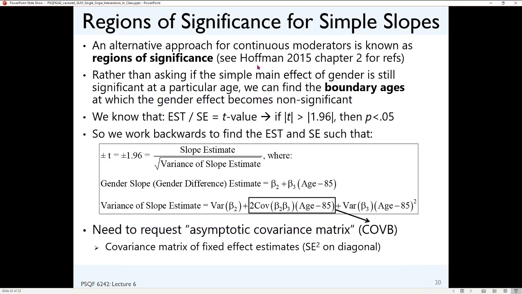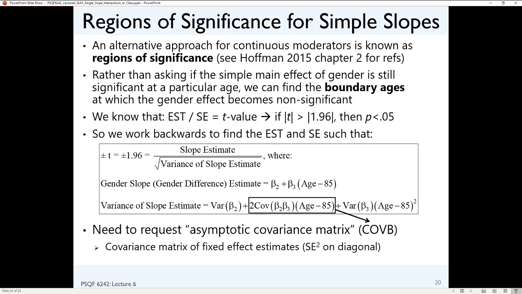This approach I describe, with references for its origination, in Chapter 2 of my longitudinal book that's on your reading list for 6242. The idea is that rather than asking what is the simple main effect of gender at a particular age, we can turn the equation around to find the boundary ages at which the gender effect becomes non-significant.